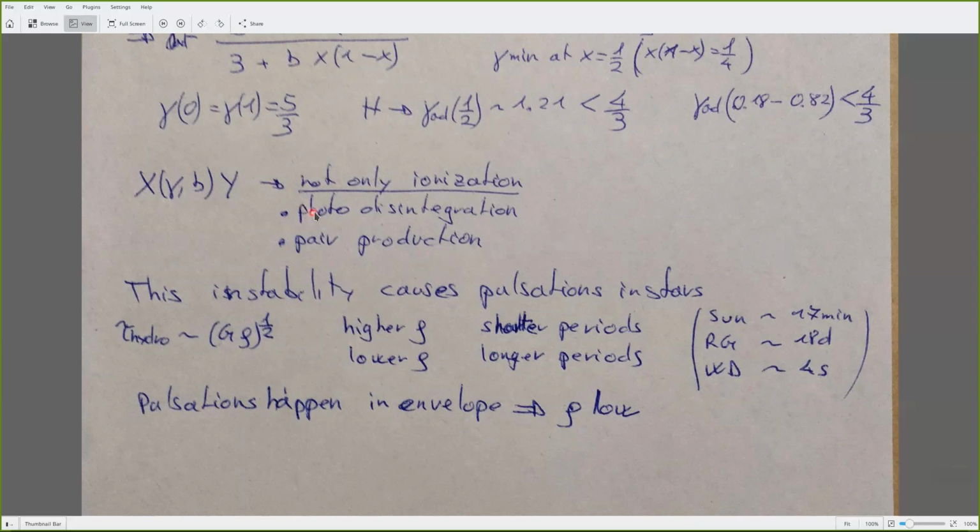So we have also the photon disintegration, like the ion is hit by a gamma ray and is disrupted from one nucleus of iron into, I remember, 14 alpha particles, or the pair production, where it is essentially the opposite.